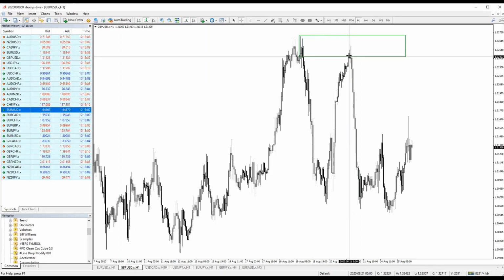And what happened? It makes a drawdown of about 12, 13 pips, and it gives me my definite 15 pips. We have a range of almost 190 pips here, but I'm only taking my 15. I will not curse myself at the end of the day that I could have taken 180.